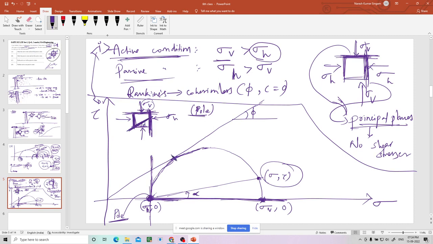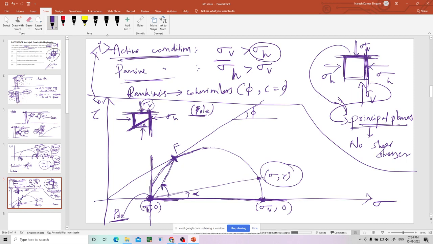Now this is the failure point because it is touching this circle at this point. Let us say this is point F. How to find out the angle of inclination of the plane on which it is acting? I'll just draw one line here and find out the angle. That angle is nothing but the inclination of the failure plane.